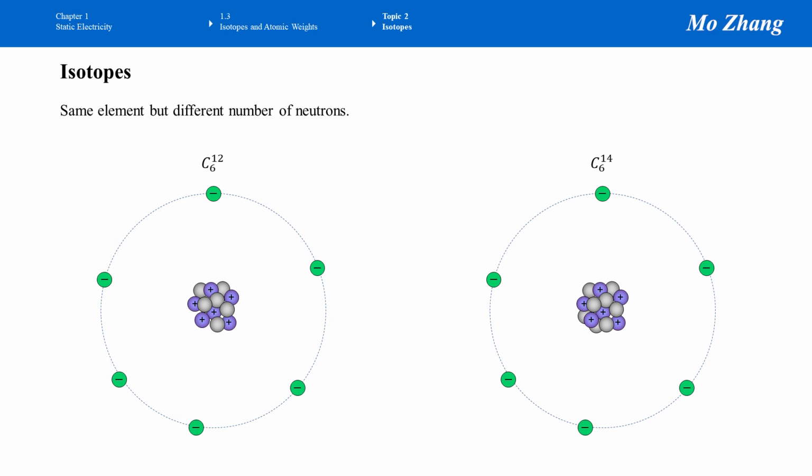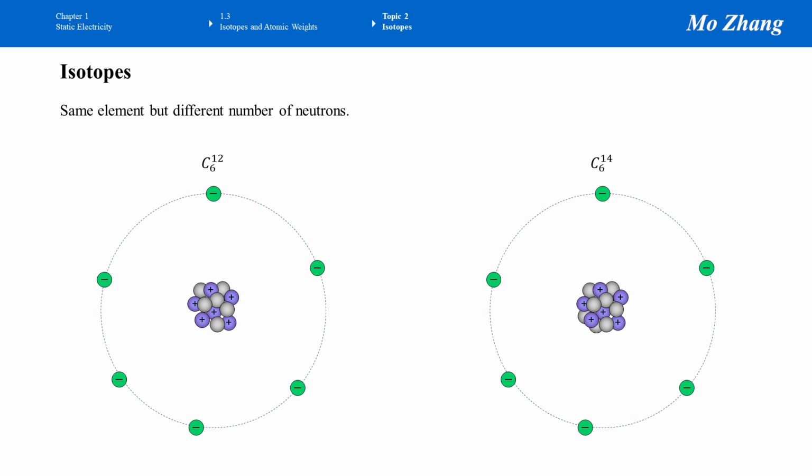In conclusion, both items are carbon, since each one has 6 protons. However, they have different weights. Carbon 12 has only 6 neutrons. However, carbon 14 has 8 neutrons. Carbon 14 is heavier. You may wonder, what is the application of this?